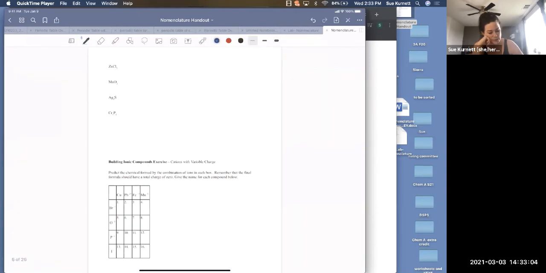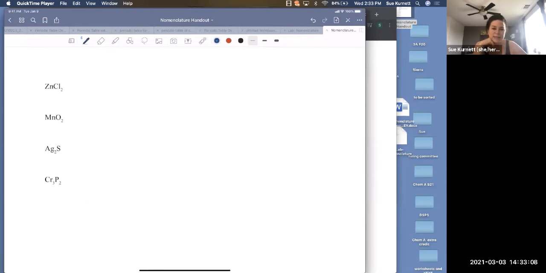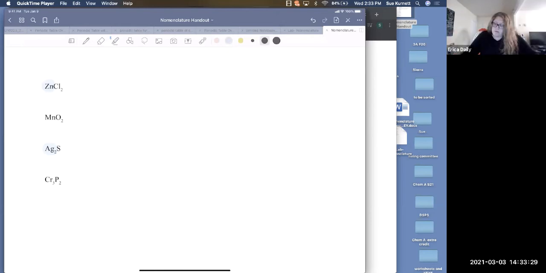So here we have some more. And the trick is, some of these are fixed charge. There's only one possibility, so don't state it. And some of these are variable. And I just mentioned that zinc and aluminum can only be certain things. What is the fixed charge that zinc ion has? +2.